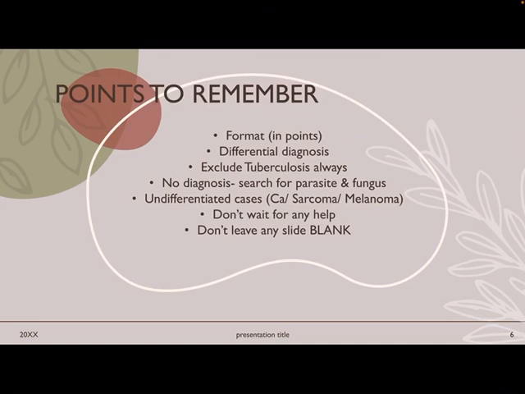Because they are not going to see whether you know the exact diagnosis or not. They just want to see how your approach is towards the slide. So they want you to keep melanoma in your differential, especially when such difficult undifferentiated cases come. Okay, so keep that in mind.